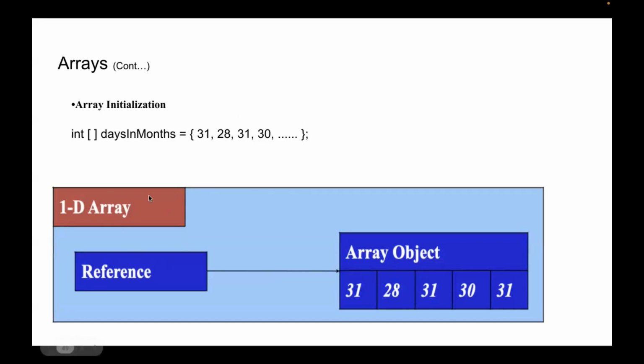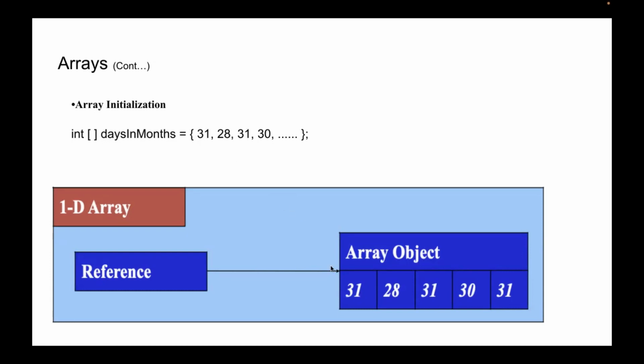So see how the pictorial representation shows. This is a 1D array and the reference. What is the reference here? Days in month is basically the reference here. And we have created an array object and we are storing these values in continuous blocks.